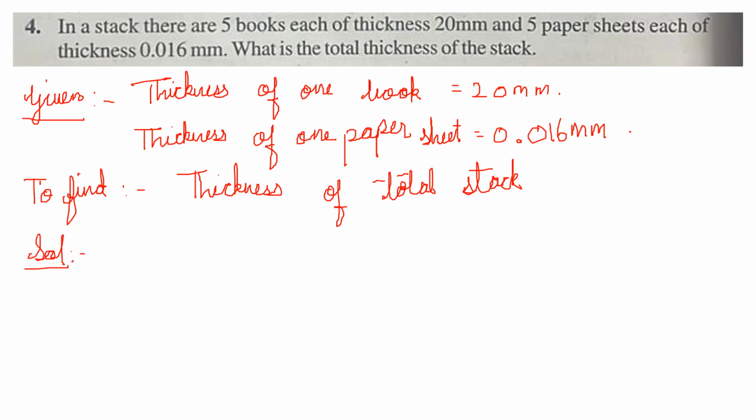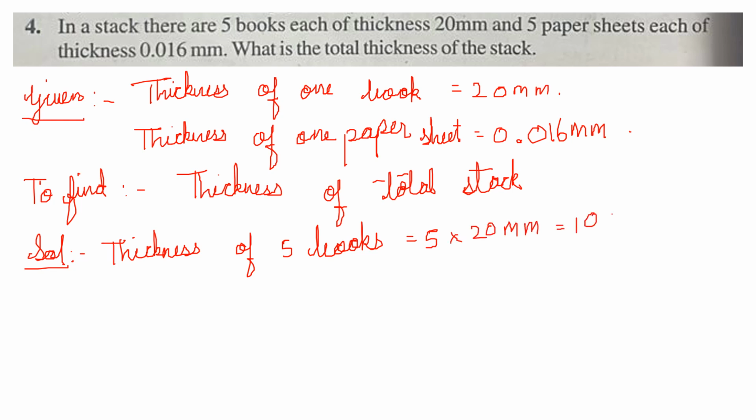So first what we are going to find out is the thickness of 5 books. So thickness of 5 books is equal to 5 into 20 millimeter. So 5 into 20 is nothing but 100 millimeter.